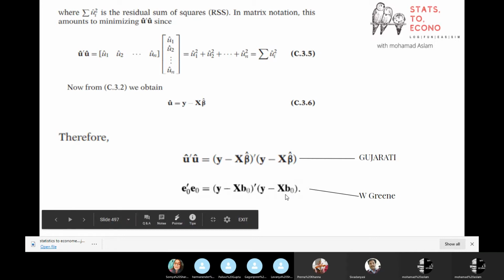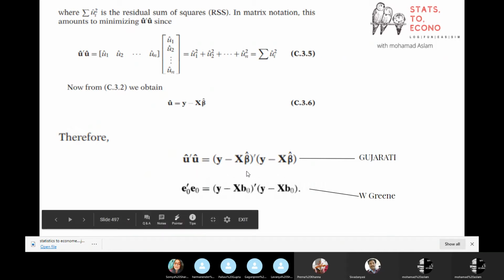There is only a slight change in notation: the Greene book uses beta as a beta matrix, and in place of u hat they use e for the error. So this is only a change in notation, but both are the same thing.